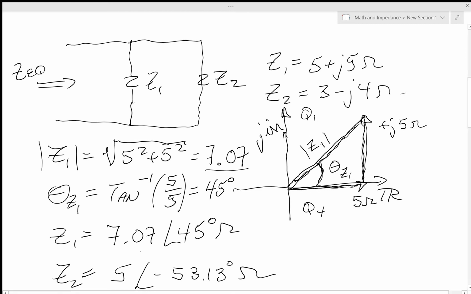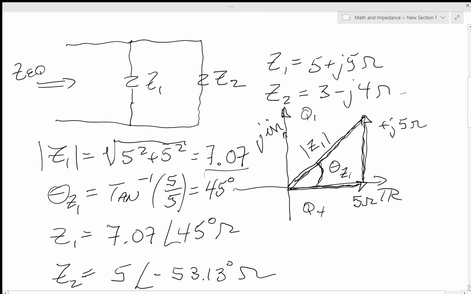Anyway, I get a Z1 polar form of 7.07 at an angle of 45 degrees. If I do the same thing for Z2, I get a polar form of 5 at an angle of minus 53.13 degrees.